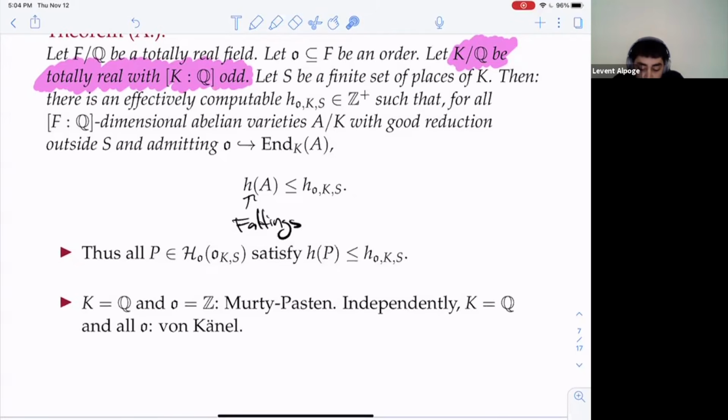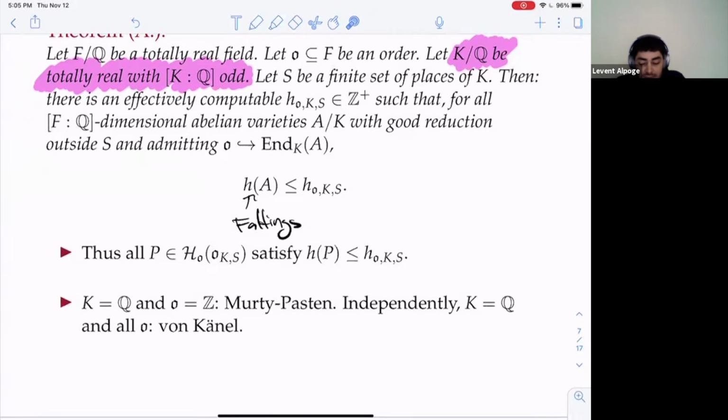So here's the point. If I were just using modularity, I would have said let's work over a CM field, because at the moment modularity is known in the way that I need it over CM fields. But to get a height bound, I also need to construct.